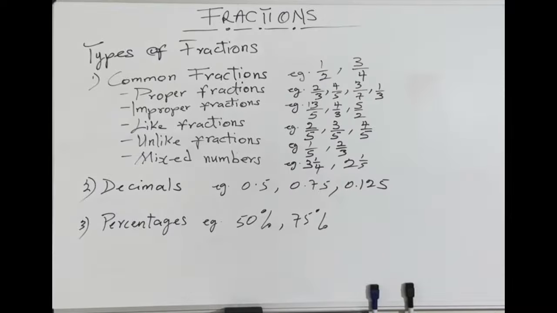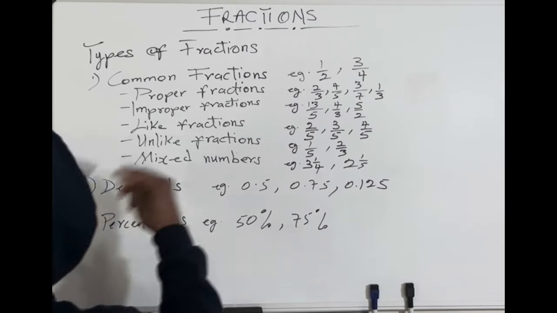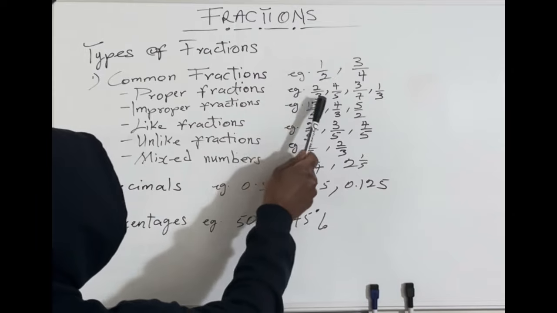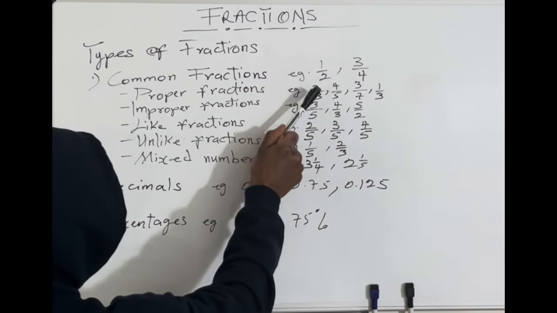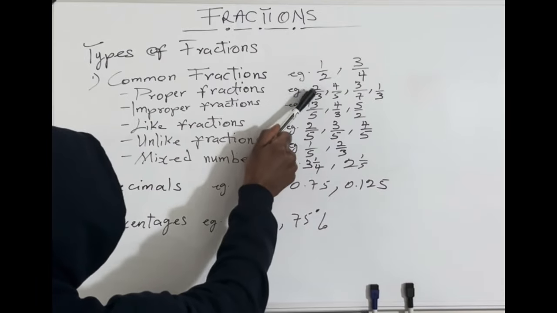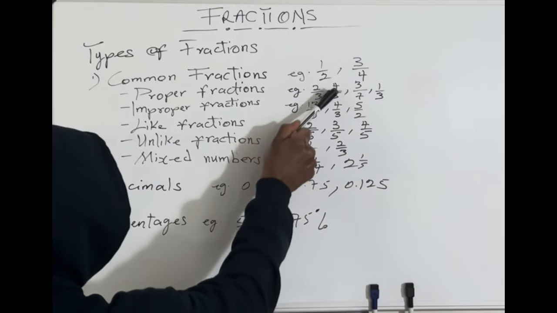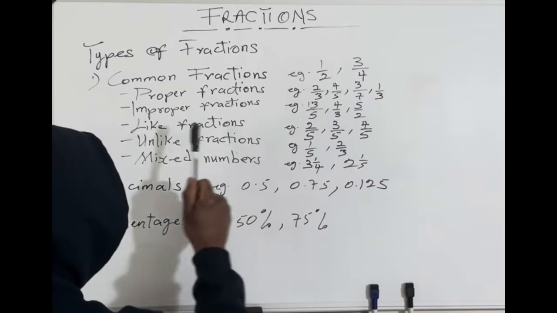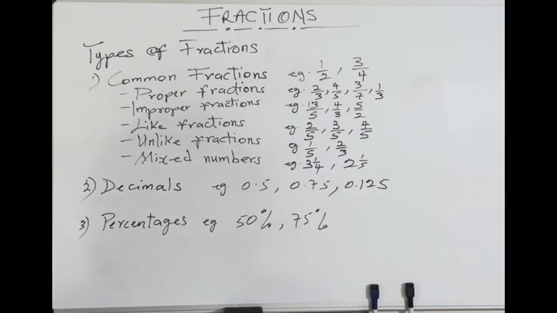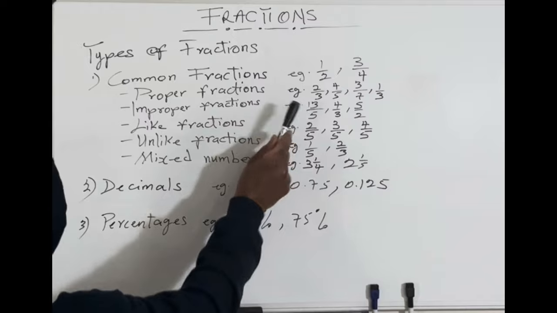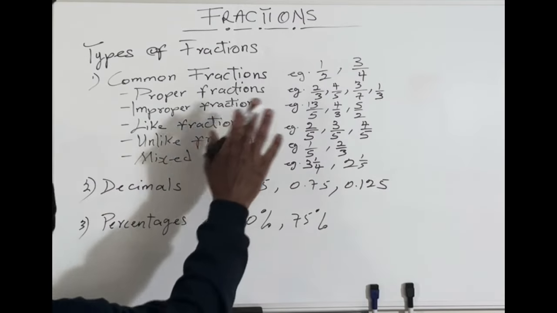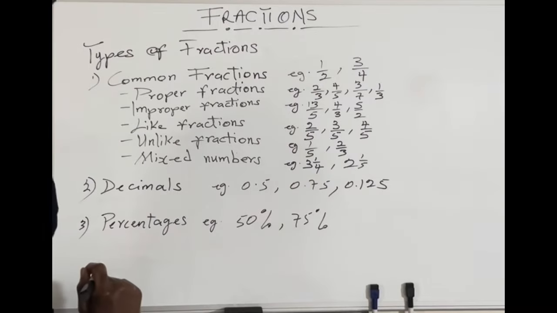So when we see here, proper fraction, we said the numerator is always less than the denominator. So 2 over 3, 4 over 5, 3 over 7, they are all what? Proper fractions. And then improper fraction, always remember that the top number is bigger than the bottom number.